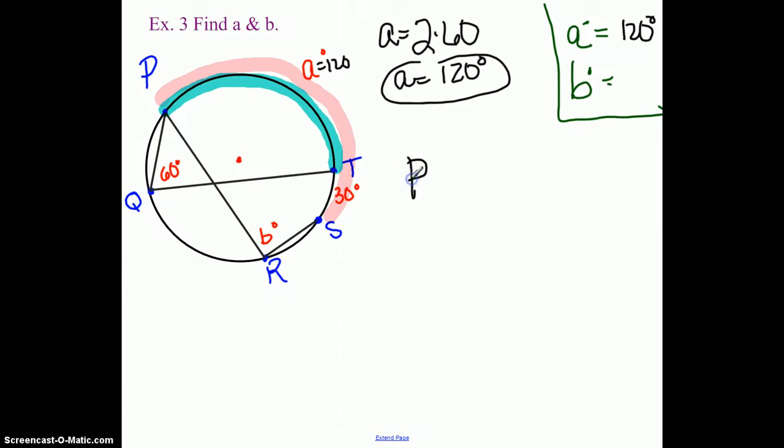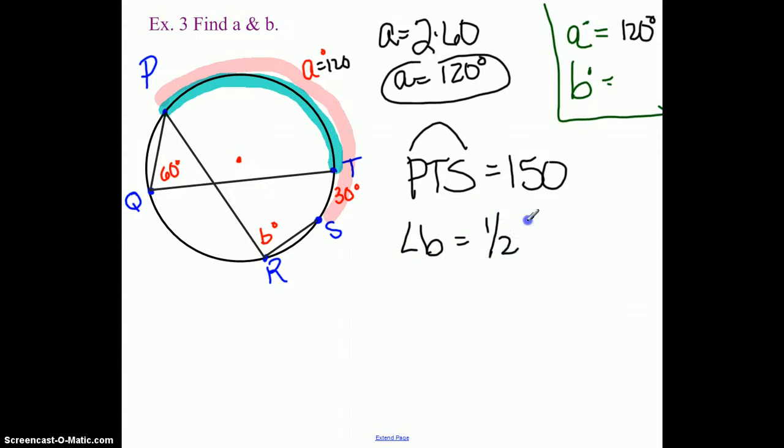So that means that the arc PTS, let me actually put the 3 letters, so PTS, that arc is 150. That means that angle B is going to be half of that. So angle B is going to be 75 degrees.